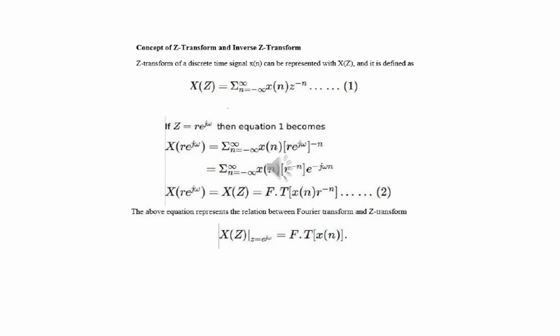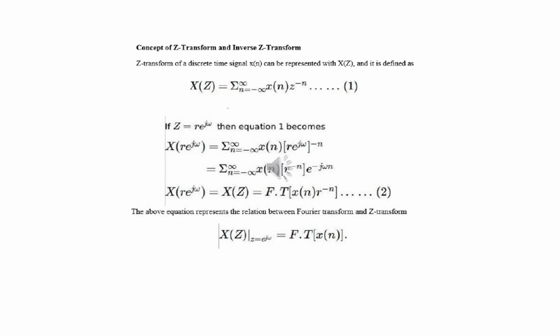Z transform of a signal x(n) can be represented as X(z) is equal to the summation n equal to minus infinity to plus infinity x(n) into z to the power minus n. So if the variable z is given as r e to the power j omega, then equation 1 can be rewritten as X(r e to the power j omega) is equal to the summation n equal to minus infinity to plus infinity x(n) into (r e to the power j omega) the whole power minus n.